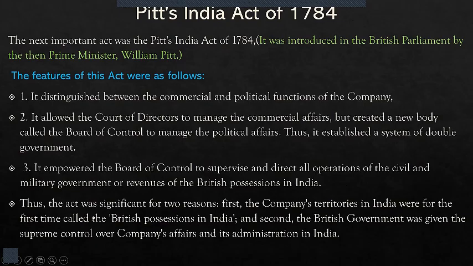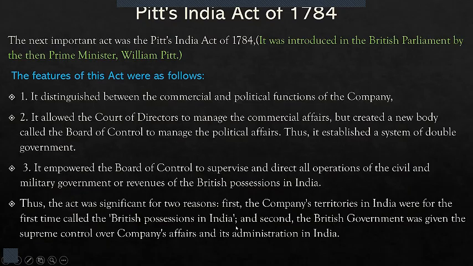Thus this act was significant for two reasons. First, the company's territories in India were for the first time called British possessions in India. Okay, so this act was very important because now the territories of India were called British possessions.